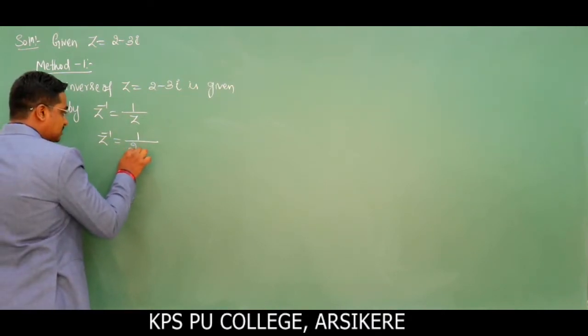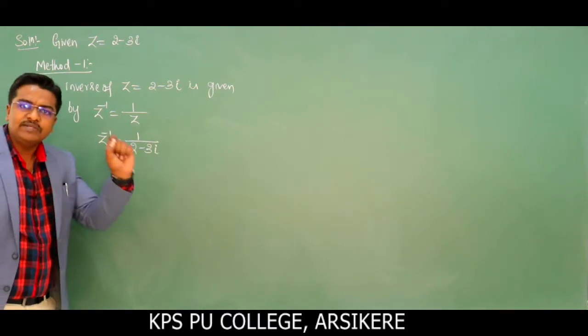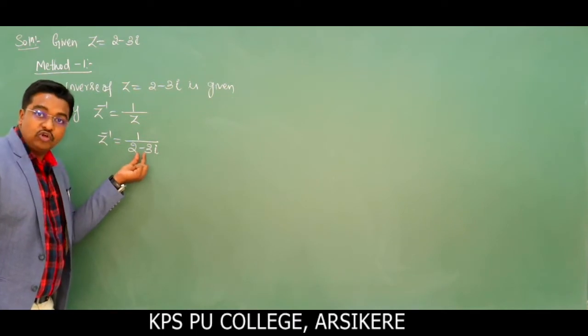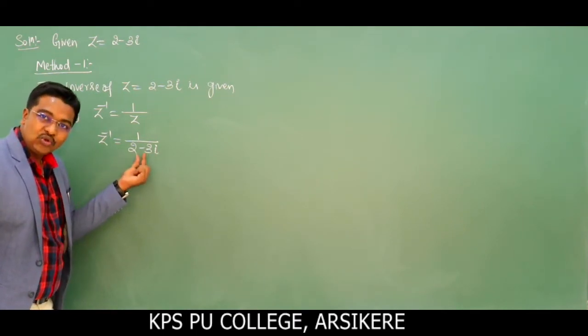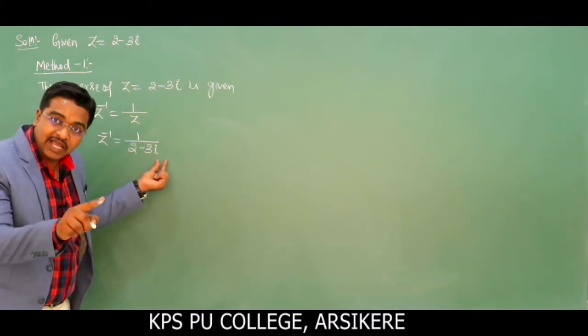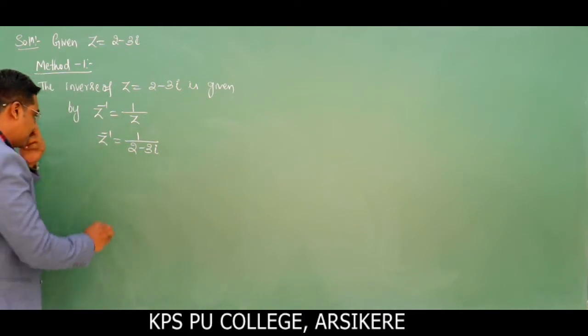It is 2 minus 3i. So how to simplify this term? We multiply and divide by the conjugate of 2 minus 3i. Now tell me what is the conjugate of 2 minus 3i? Very good, that is 2 plus 3i.